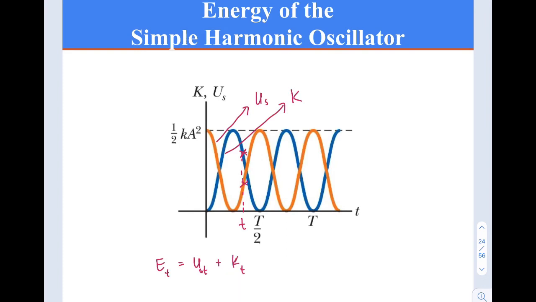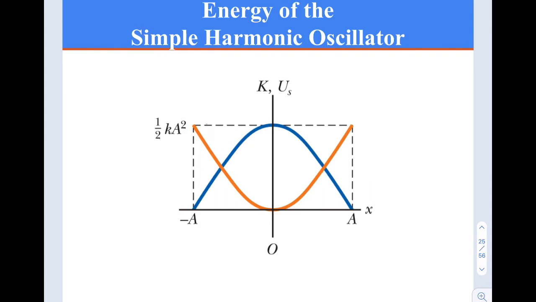If one of them becomes maximum, then the other one is going to be 0, and vice versa. And at any instant, E total is always equivalent to half kA squared. This is the E total of the system.